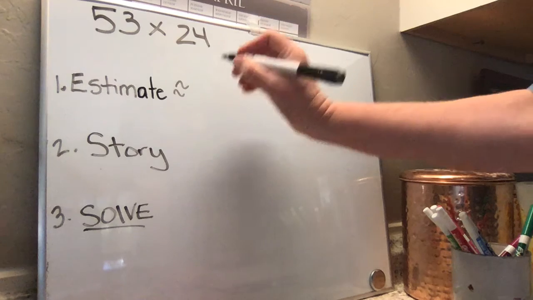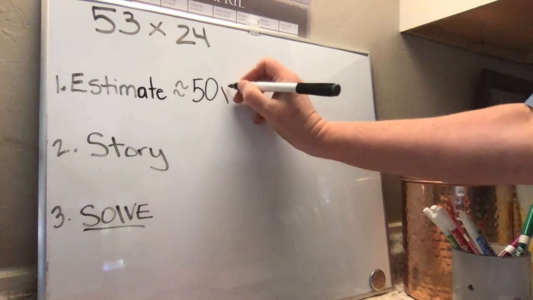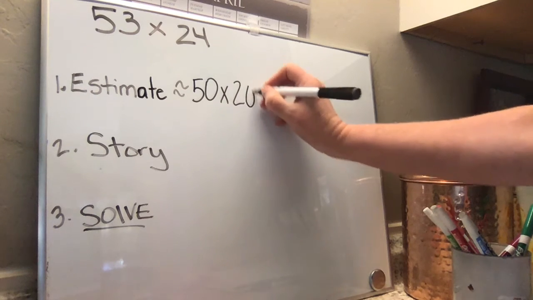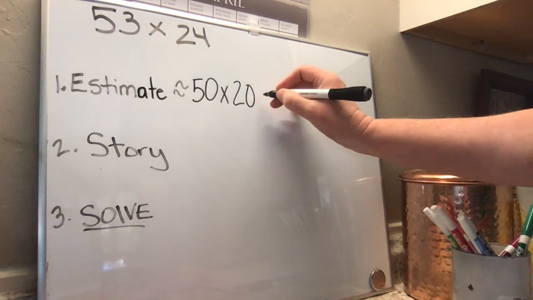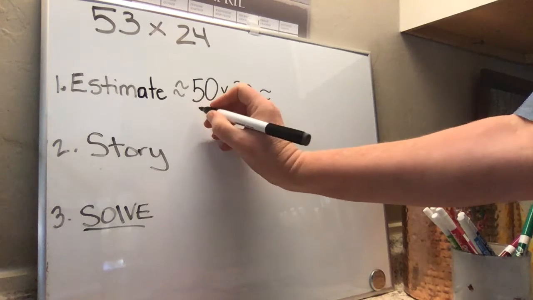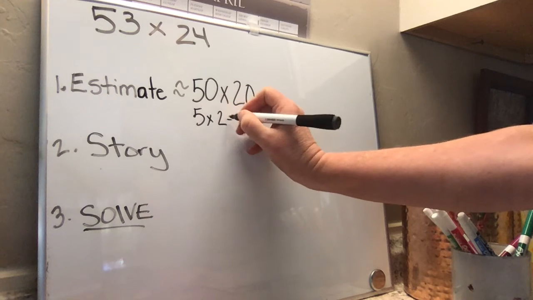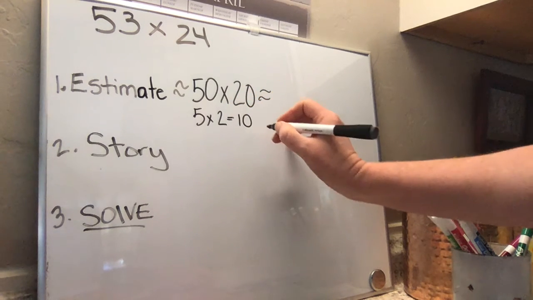Otherwise, I think a lot of people right here would probably do this, just to get yourself started. And maybe to get there, maybe you think of 5 times 2, and you know that one by heart is 10.